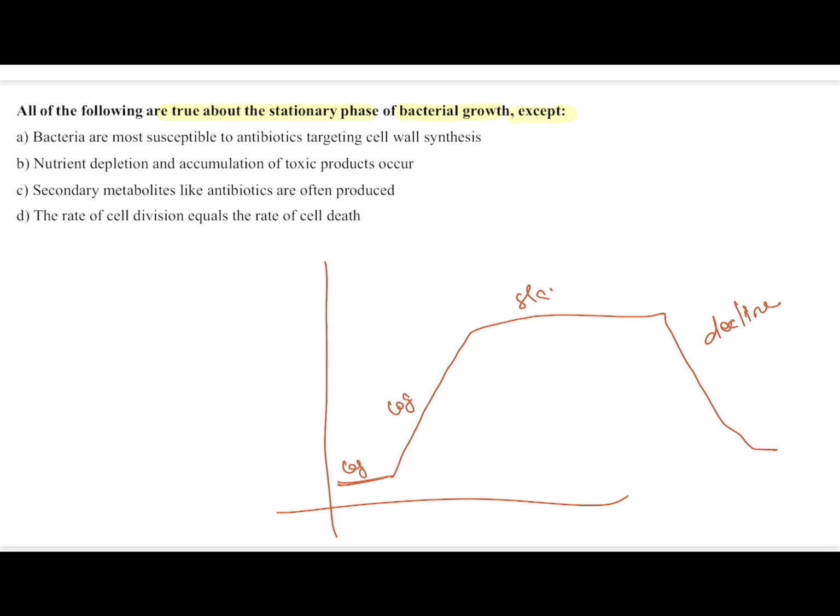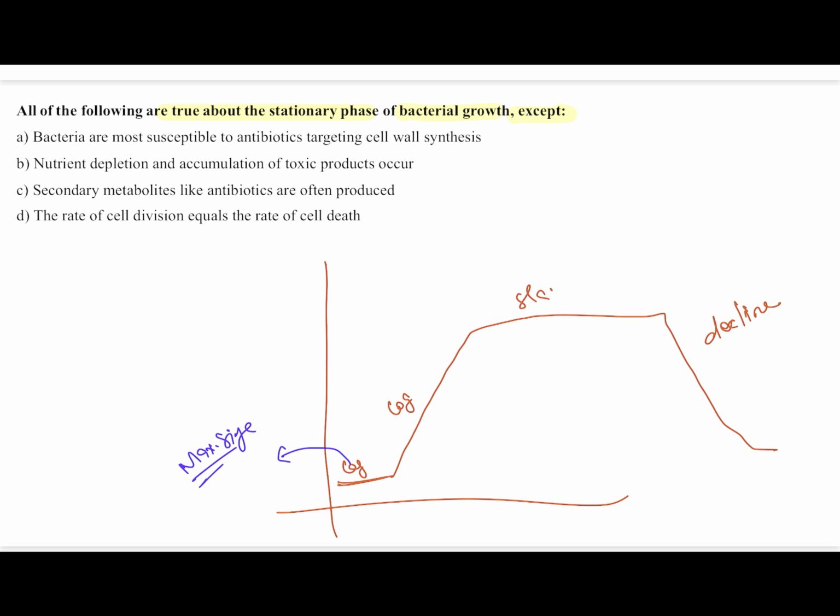In the lag phase there is no increase in the number of bacteria. The bacteria are getting adapted, so there will be cellular adaptation. And for the lag phase you need to remember that the maximum size of bacteria is achieved at the end of the lag phase.